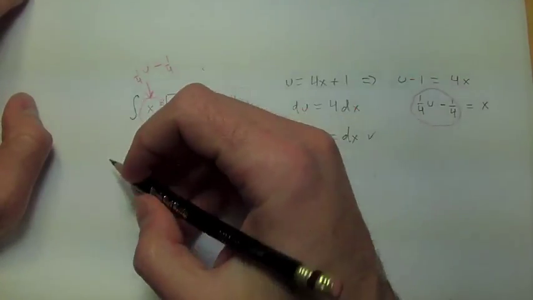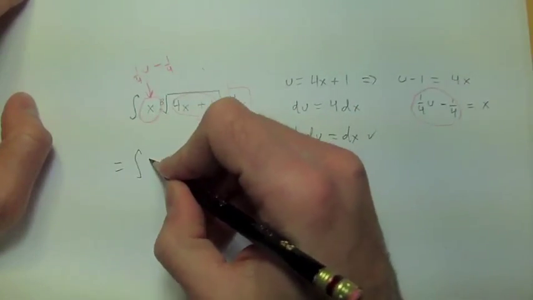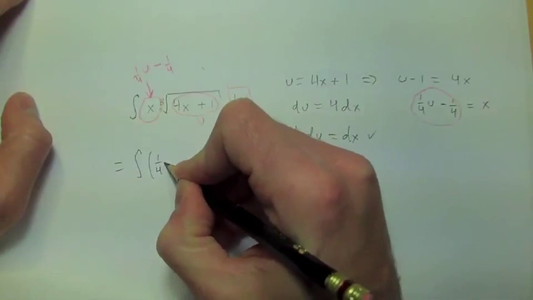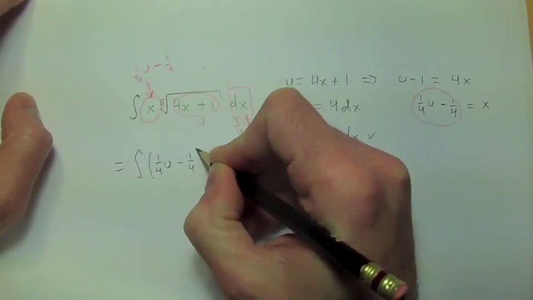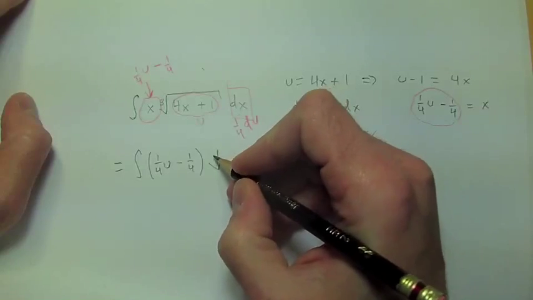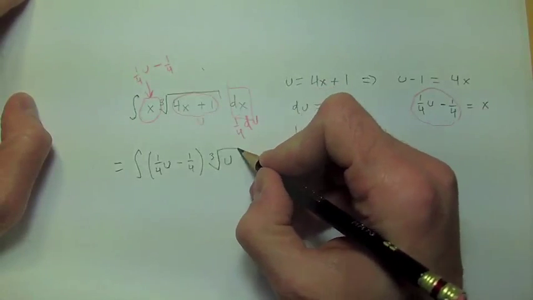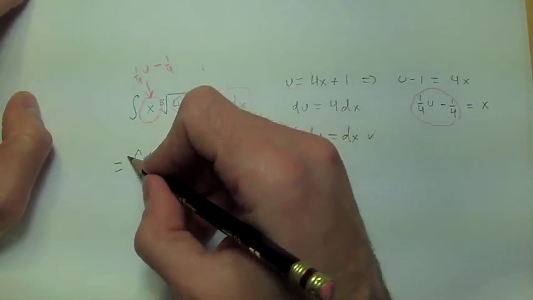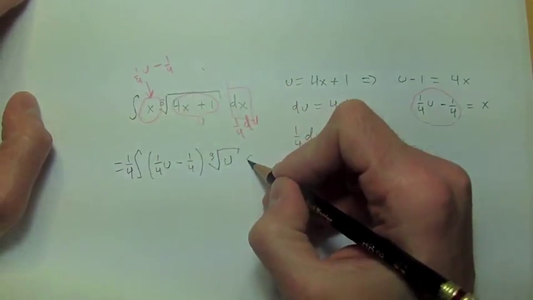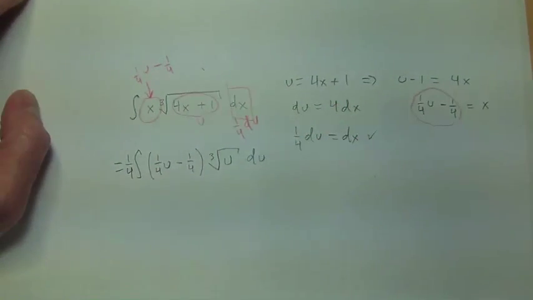Alright, so this will now be the integral of (1/4 u minus 1/4) times the cubed root of u, and then that 1/4 du, I'll go ahead and take that 1/4 out like that.